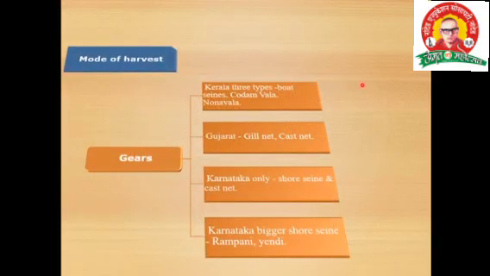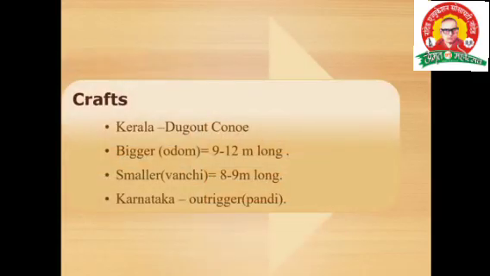Then about how we can capture the fishes by craft and gear. Especially about the gear. In Kerala, there are three types of boats: spiny, condium, valia, and non-valia. And in Gujarat, gillnet, castnet. In Karnataka, only shore seine and castnet are used for capturing the oil sardine. In Karnataka, the bigger shore seine, Rampani net, is used for capturing the oil sardine.